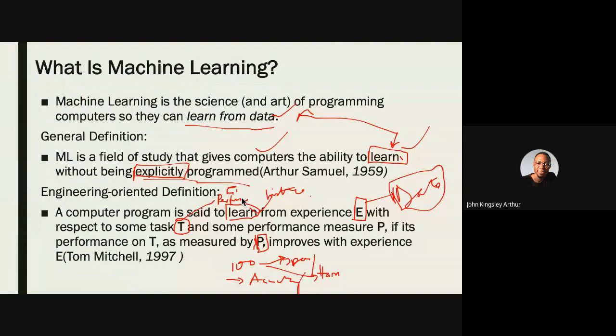Quite apart from this, when you look at the area of e-commerce, let's say you visit YouTube. Based on the kind of videos that you watch, the learning algorithm of YouTube will create a profile for you. What is this profile we're talking of?